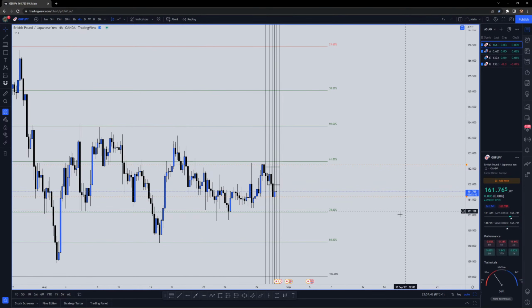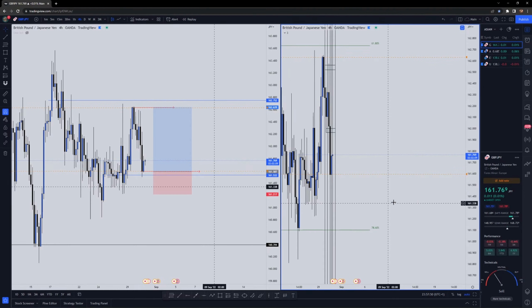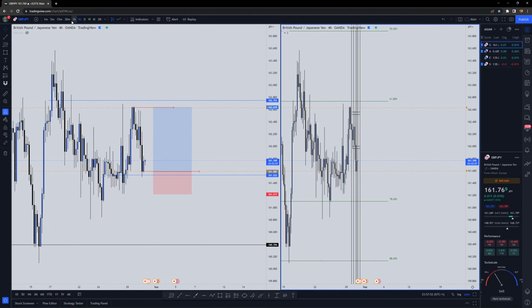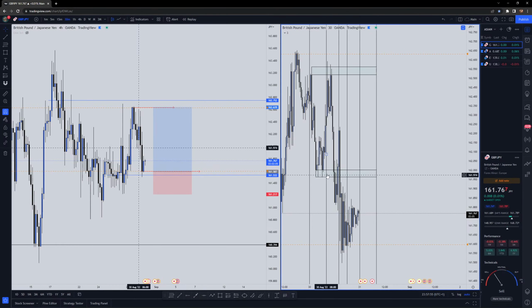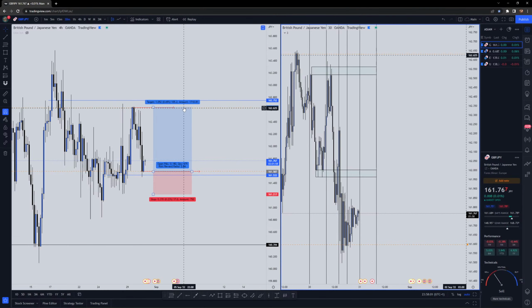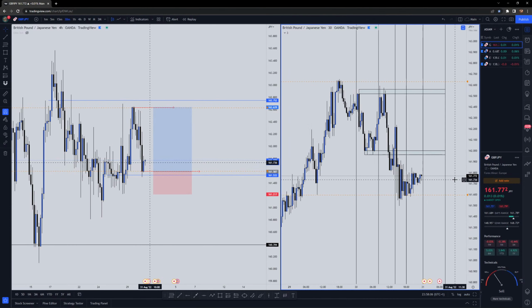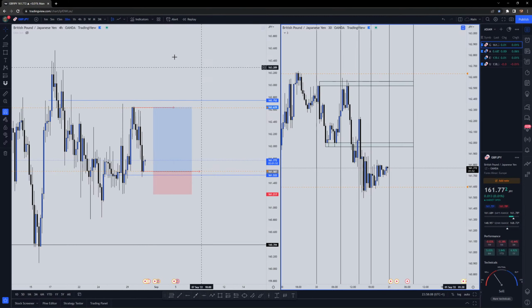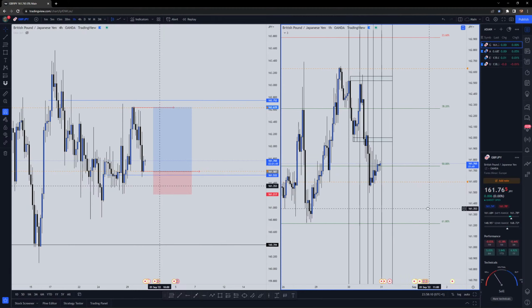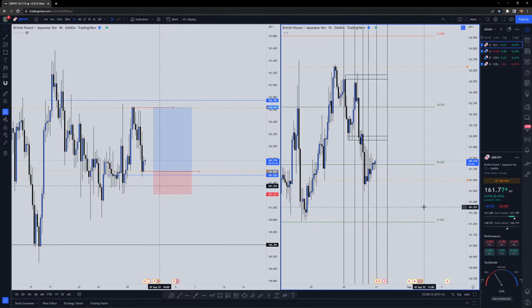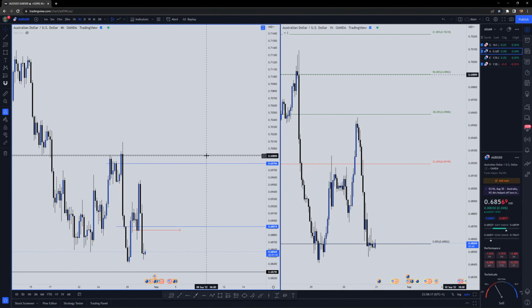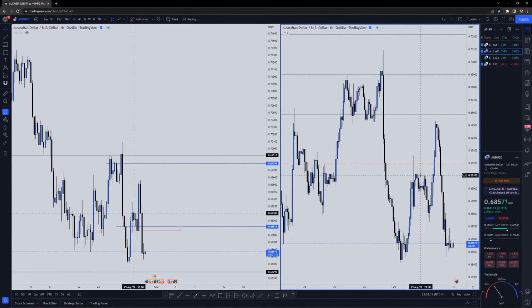I'm just trying to see if these align with anything really. So you got this area here, and then, yeah, this area, the highs match up with the TP. AUD/USD. What's happening on this pair?